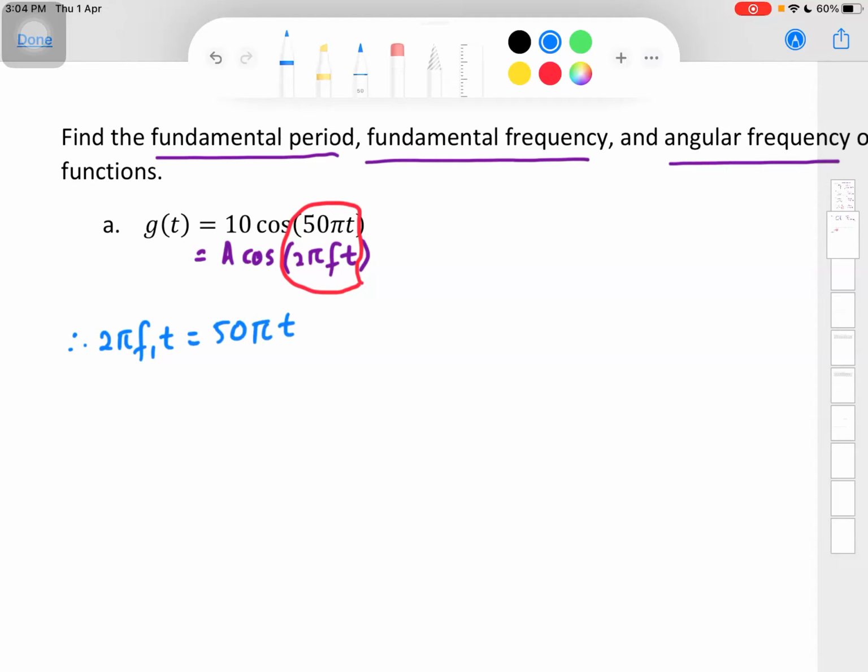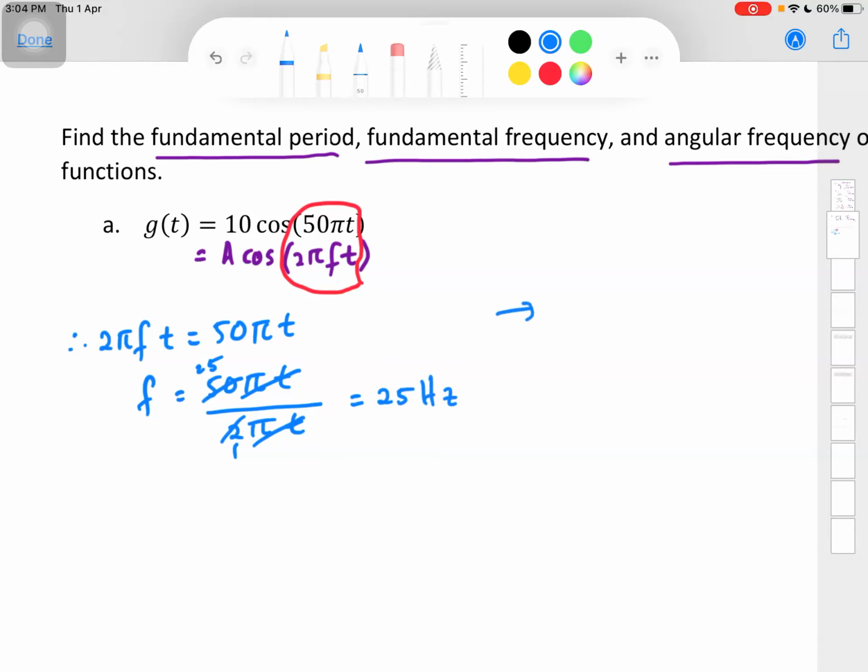Okay, so then we can calculate f1, this is just f, so we can calculate f, which is 50 pi t over 2 pi t. So this cancels out, and 50 over 2 will give us 25, so it's 25 hertz, right?